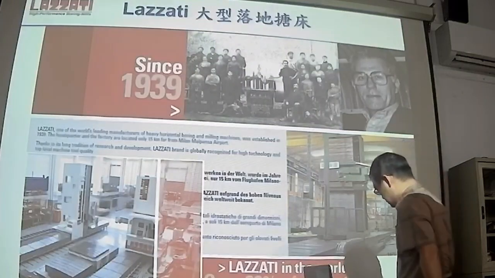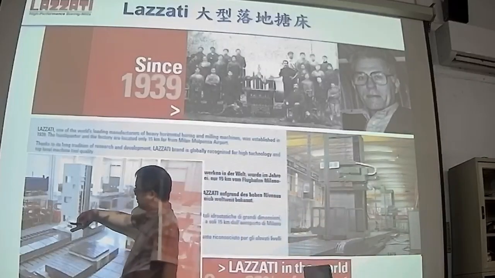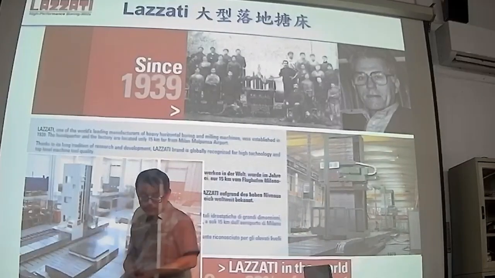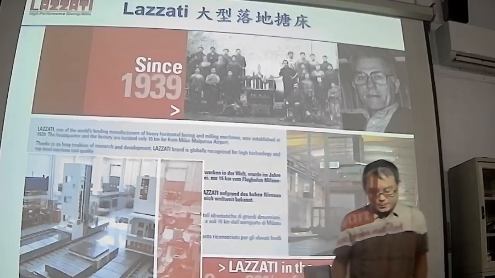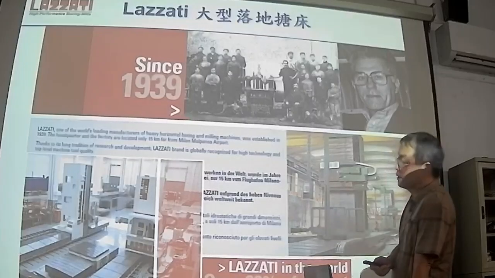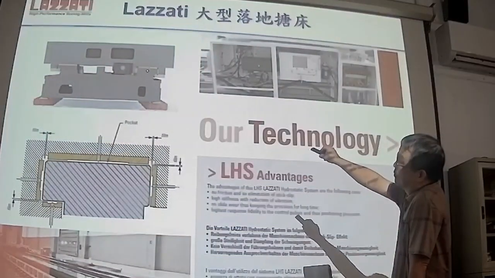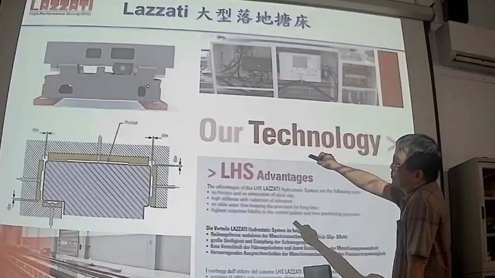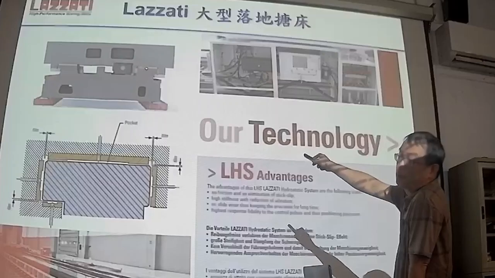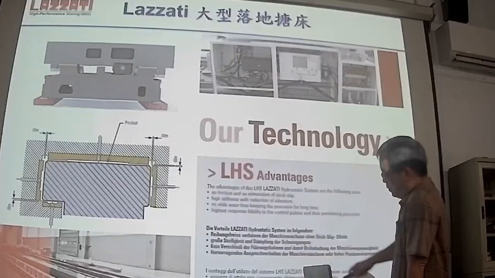For this one is a floor type boring machine. So this can move on the floor. And this linear slideway system or guideway system is designed by the hydrostatic bearing as well. So this is a linear guideway system, for instance, two square rails on the bottom. So you can see the yellow one.